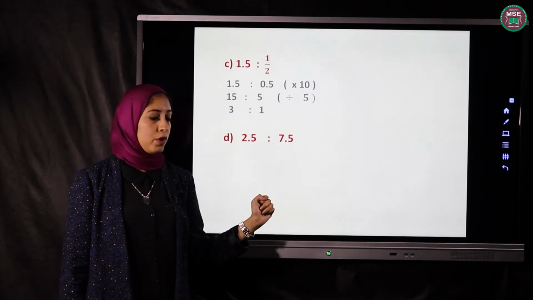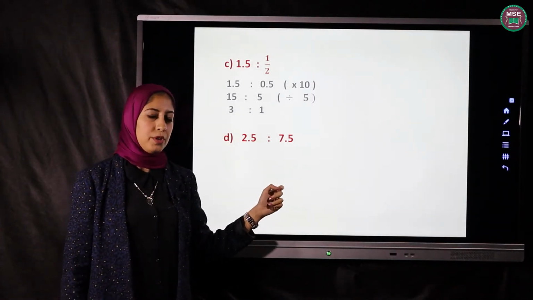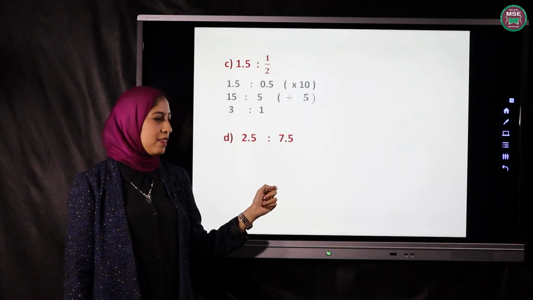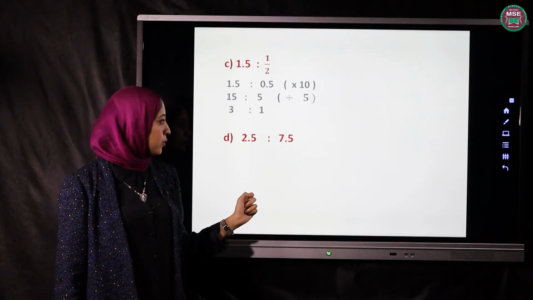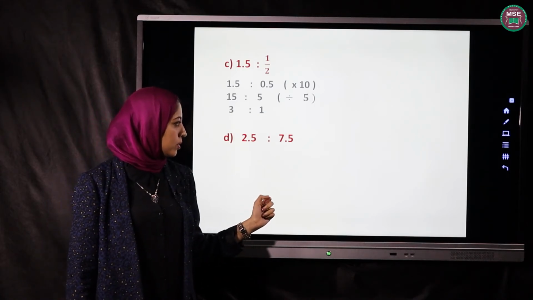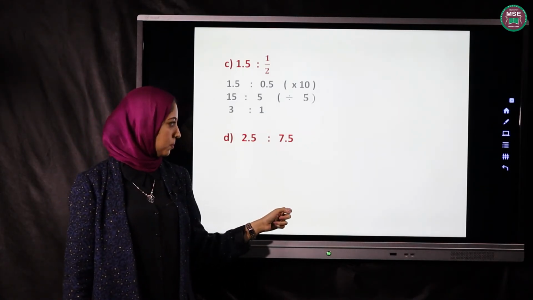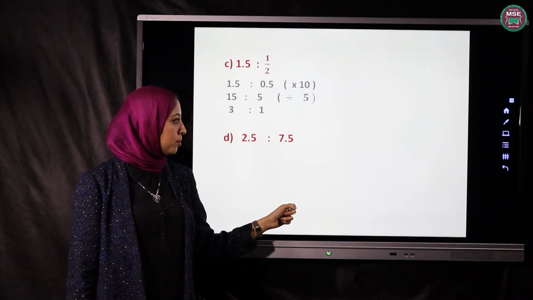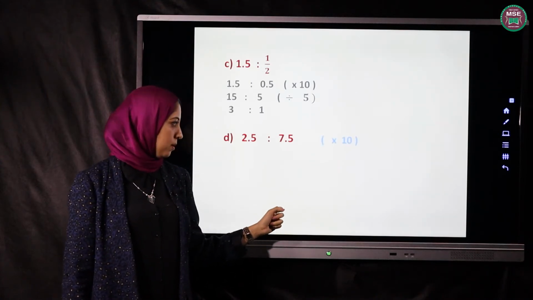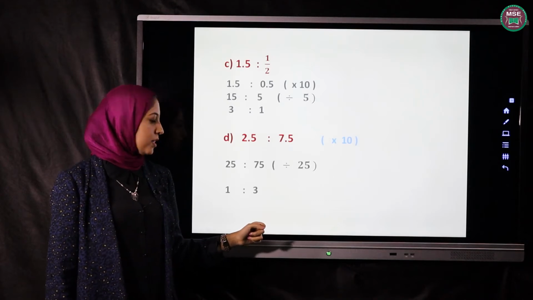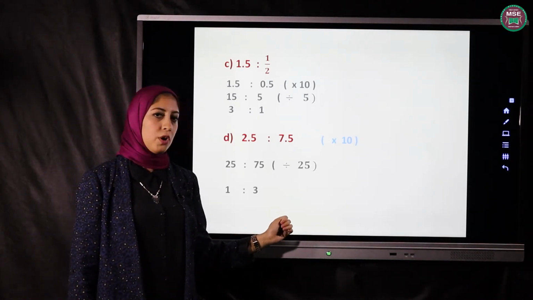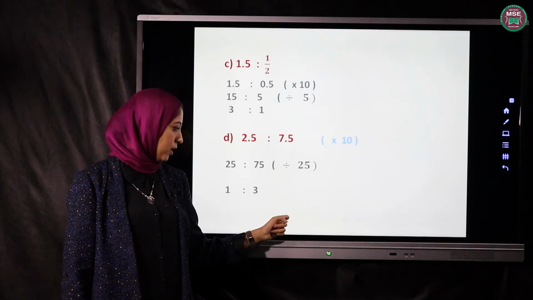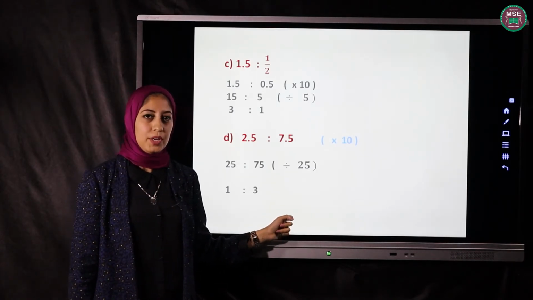I have to simplify it by dividing by a common number. I will divide by 5. The answer will be 3 to 1. The last one, 2.5 to 7.5. Also, I will multiply by 10. 25 to 75. Simplify by a common number, divide by 25. The answer will be 1 to 3.